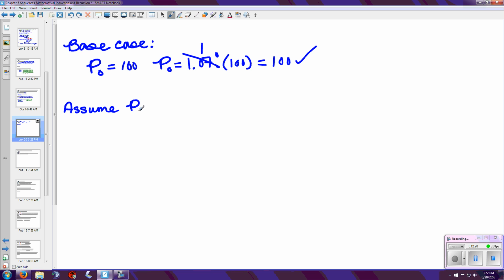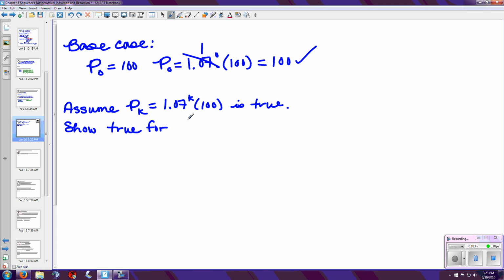that P sub k equals 1.07 to the k times 100 is true, and we are going to show that this is true for the k plus first term.